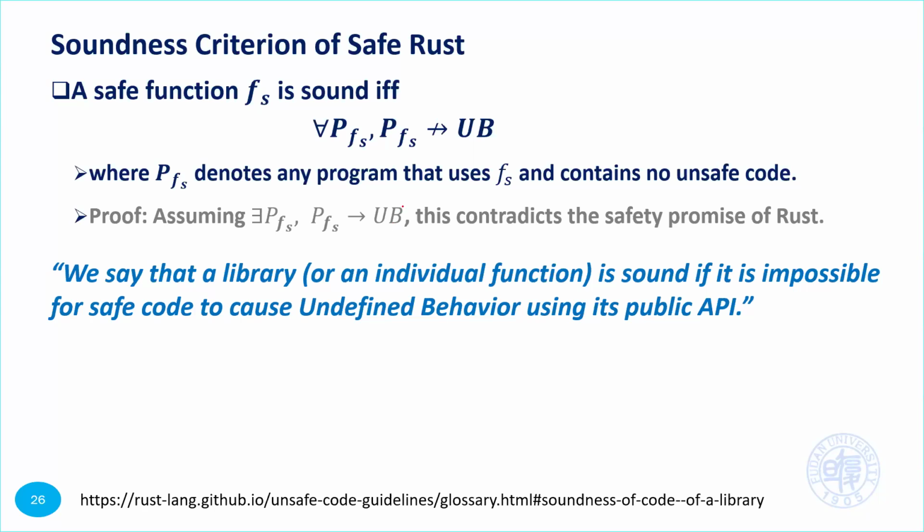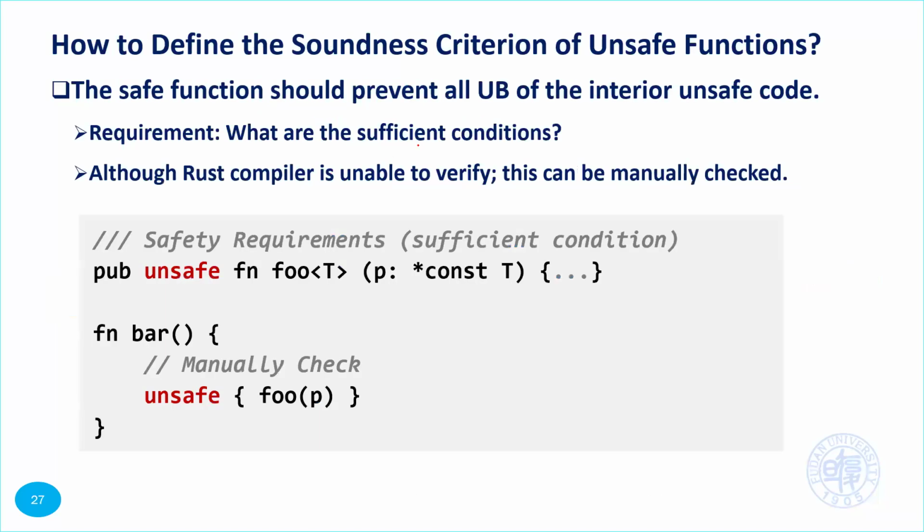Sorry. Okay. So we can represent the first part of the theorem in this way. For all the programs that use the safe function f, the program should not lead to any undefined behavior if the program does not contain unsafe code. So how to define the soundness of an unsafe function?